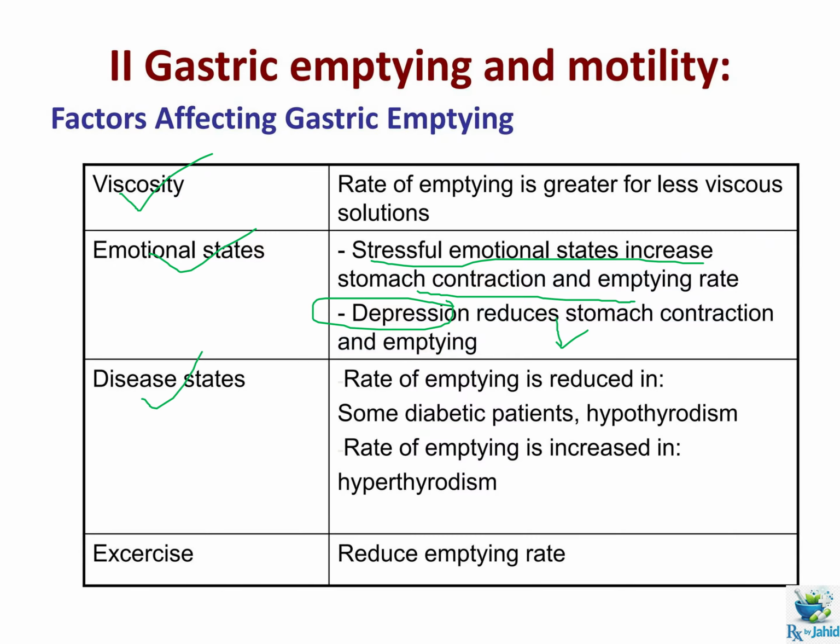In some diabetic patients and hypothyroidism, the rate of emptying is decreased, and in hyperthyroidism it is increased. Exercise reduces the emptying rate, because in exercise our blood circulation gets very high in the muscle area, but this ultimately reduces the blood circulation in the GI tract. That's why this reduces the gastric emptying.